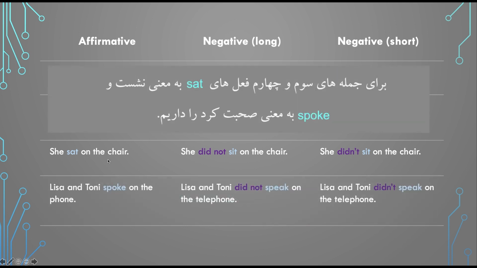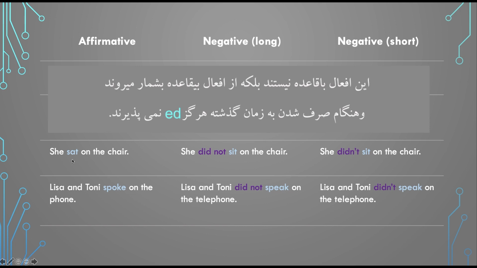For number 3 and number 4, these verbs sat and spoke, these are not regular verbs, these are irregular verbs. Irregular verbs do not have ed in the past simple.